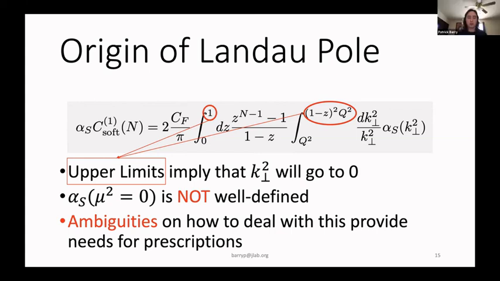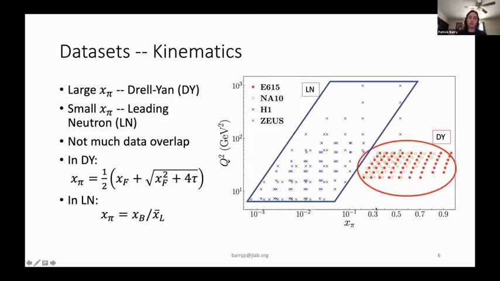Well, looking at the kinematics, we really don't have Q squared that goes down to small enough values that may be important for a nucleon, because there is nucleon data at very small Q squared. But here in the pion data, the smallest Q squared for the Drell-Yan, for instance, is about 15 GeV squared. So I think that is enough that we can ignore those higher-twist effects. I agree that at 10 GeV squared, you can easily forget about this.